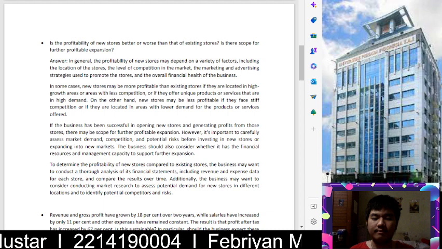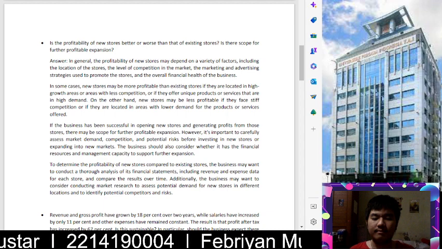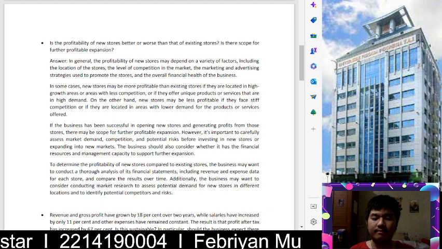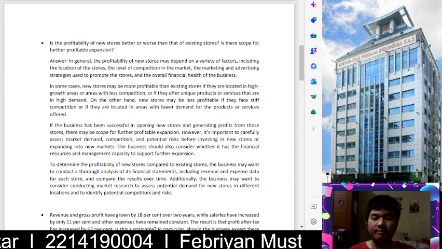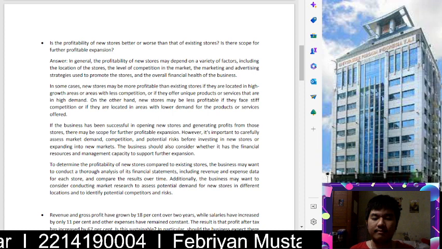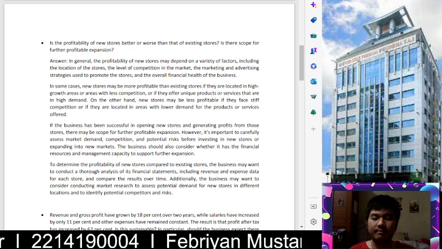The third question: is the profitability of new stores better or worse than that of existing stores? Is there scope for further profitable expansion?